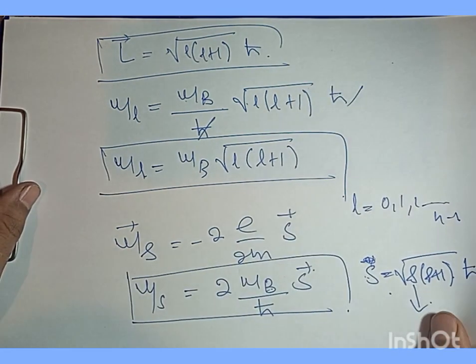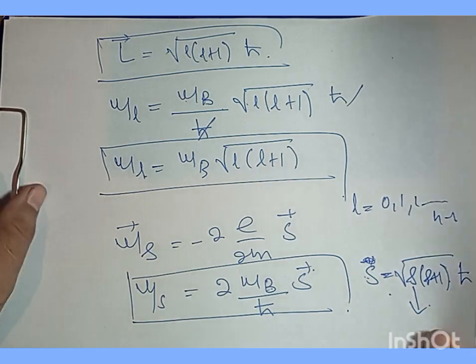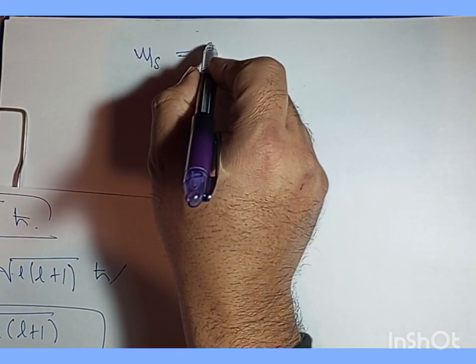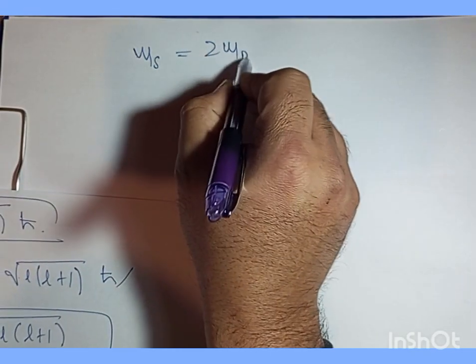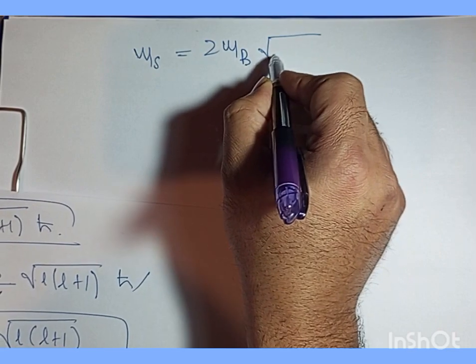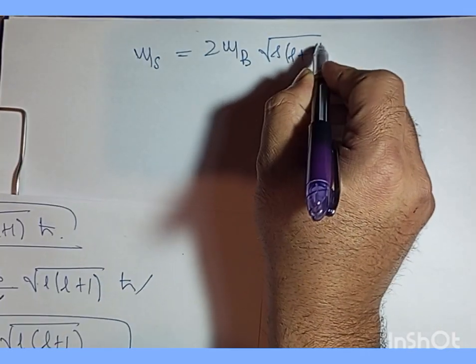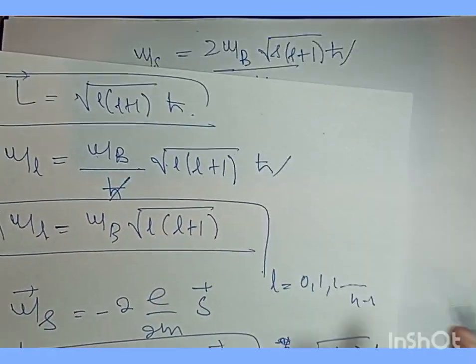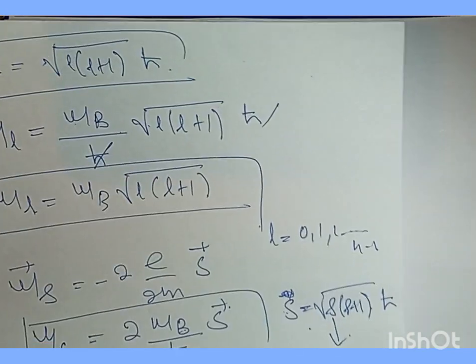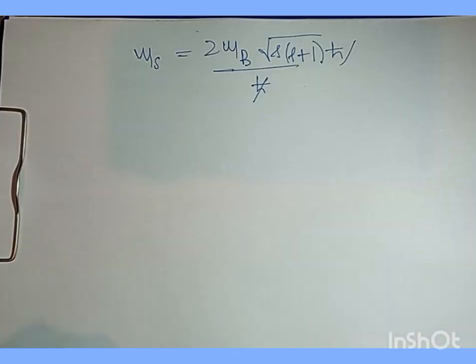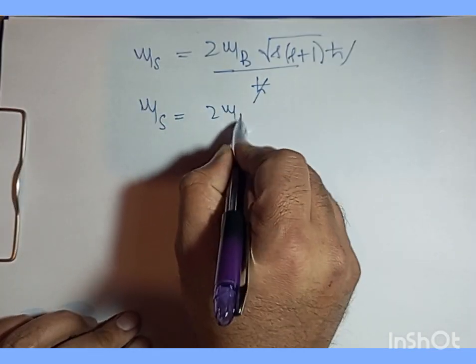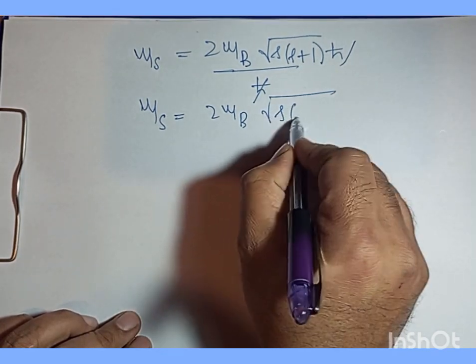Now, what we will have here is this mu s, which will be 2 times mu B, times the square root of s times s plus 1, divided by h cross, times h cross. The h cross and h cross will go, and we will be left with mu s equals 2 mu B times the square root of s times s plus 1.